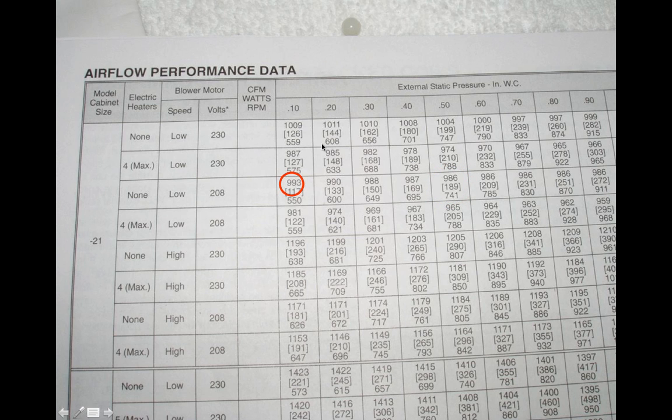Now let's take a look at the external static pressure changing from 1/10 of an inch of water column all the way up to 0.9 inches of water column, and just observe these numbers: 993 CFM, 990, 988, 987, 986, etc. Very little change all the way across. A change of 7 CFM across pretty much 100% of the range of the external static pressure.